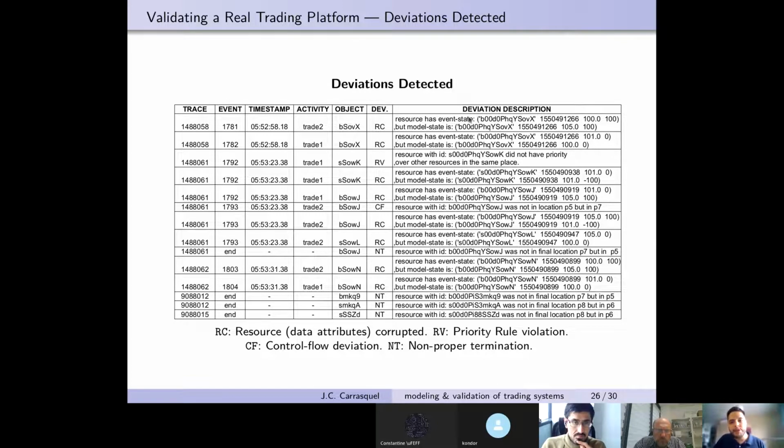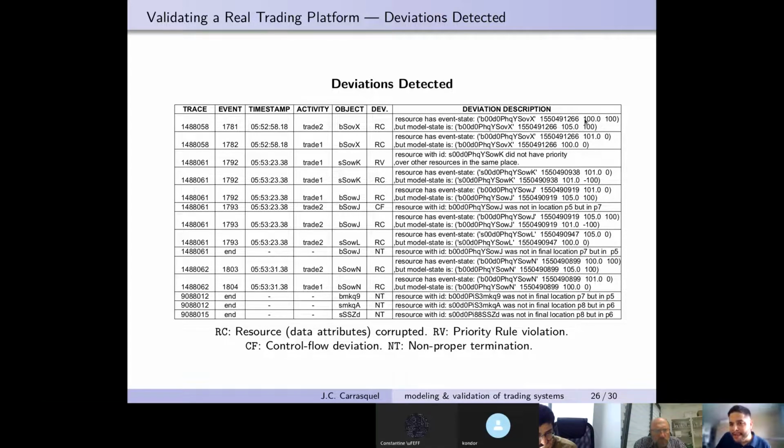And this description is also automatically generated by the prototype we developed. So what does this mean? That the resource had this state, it was a tuple, but when I executed it in the model, one of the attributes changed. Of course, this requires knowing a bit of the domain and the way that we modeled it to understand what the difference of this attribute is.